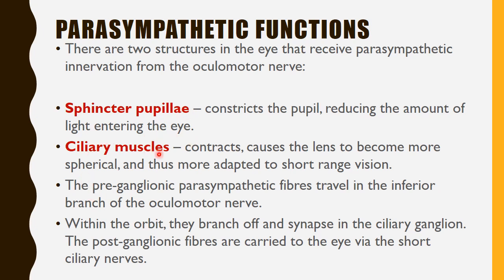And the ciliary muscles contract and cause the lens to become more spherical. That means it is adapted for short vision or near vision. So the preganglionic parasympathetic fibers travel in the inferior branch of the oculomotor nerve, and within the orbit they branch off and synapse in the ciliary ganglion.